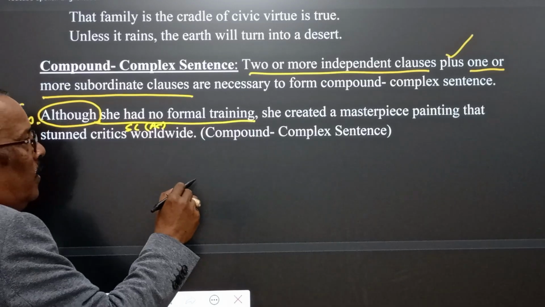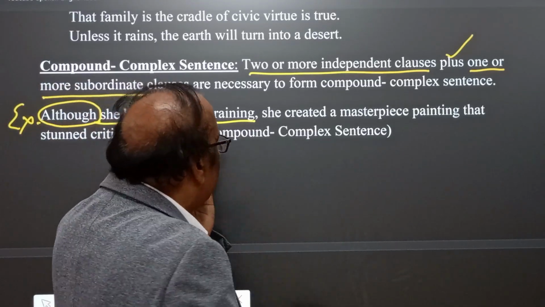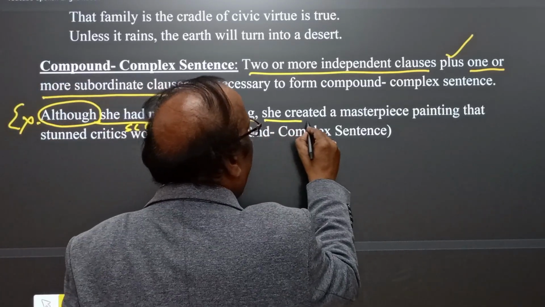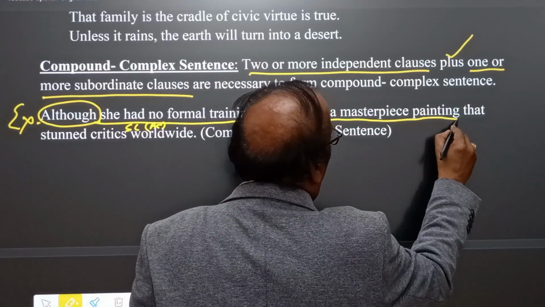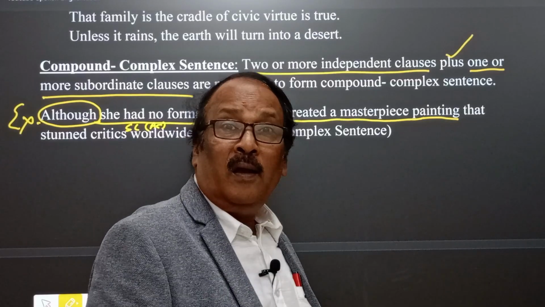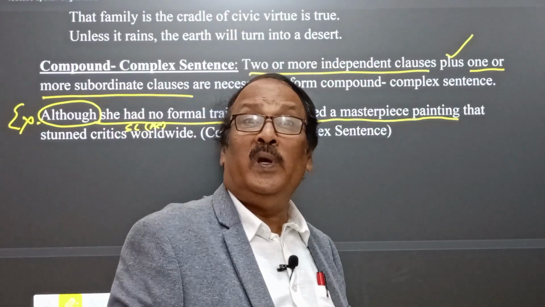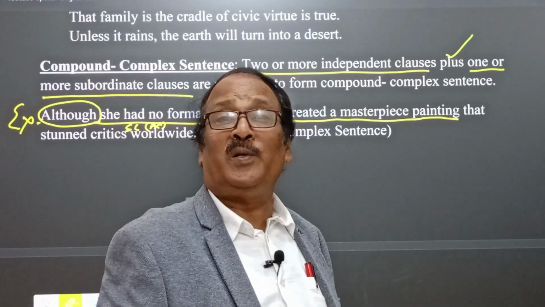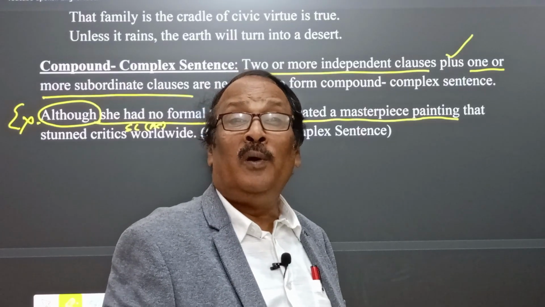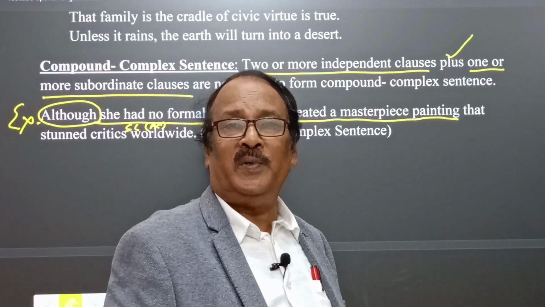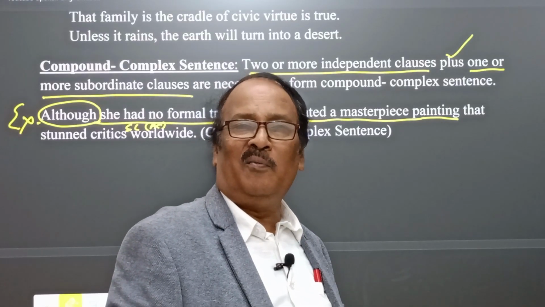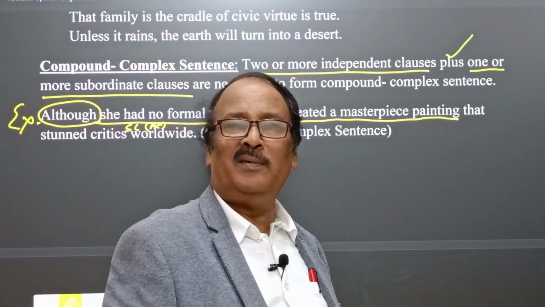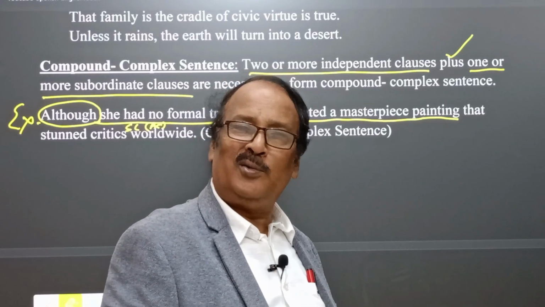Here we find "she created a masterpiece painting." A masterpiece painting means a painting which is very unique. Gitanjali is a masterpiece written by Rabindranath Tagore, the first Nobel Prize winner of Asia and also India.